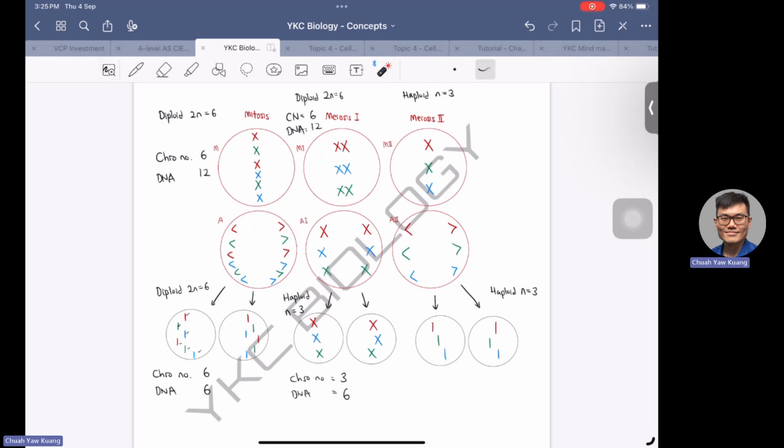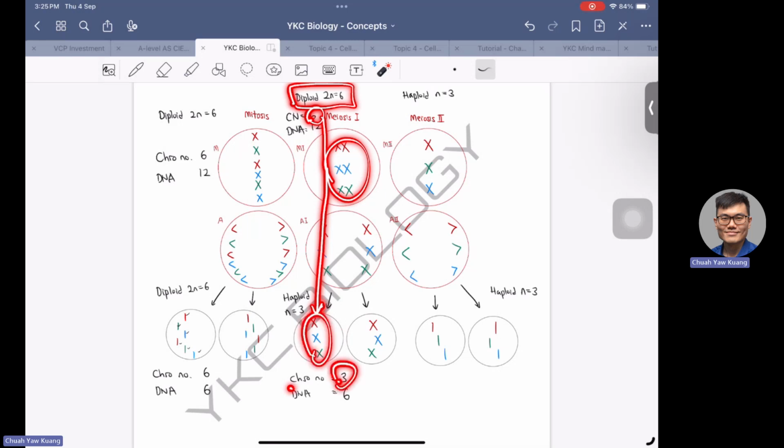So it still has 6 DNA molecules inside. From what we can see here, the parent cell has 6 chromosomes, which is diploid, but each daughter cell has only 3 chromosomes, which is haploid, half the number of chromosomes in the parent cell.